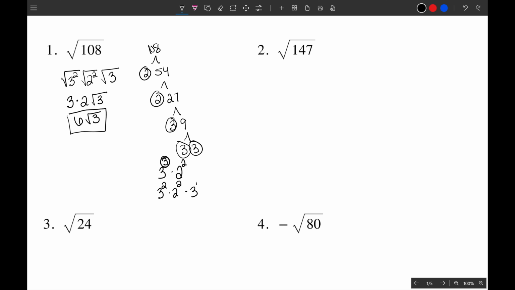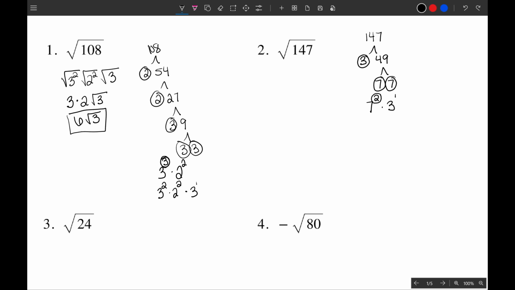So for 147, I know that 147 is 3 times 49. 3 is prime. 49 is 7 times 7, both of which are prime. So I have 7 to the second power times 3 to the first. Well, I already know that powers of even numbers are perfect squares.